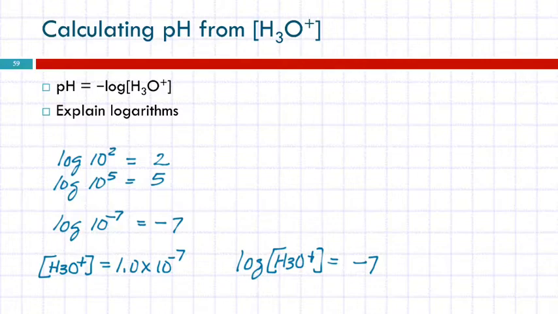It has its own problems, but it's what they did. So if I want to make that into a positive number, I'm going to multiply both sides by -1. Negative log is just the logarithm of that number, change the sign. And this is called pH. So P stands for negative log of, and the H stands for the hydronium ion, or the hydrogen ion.